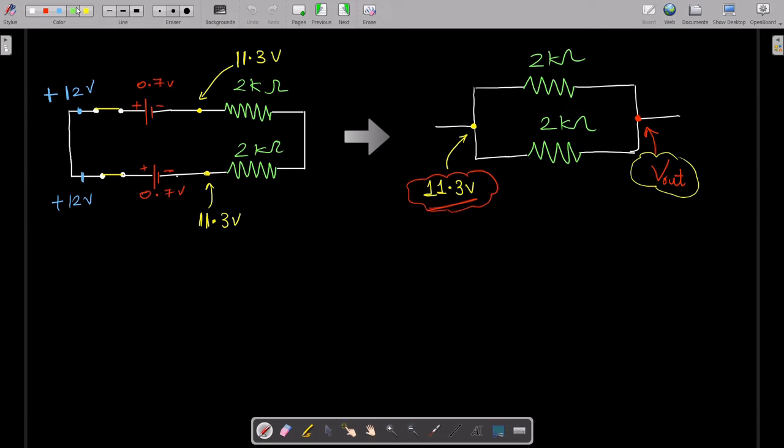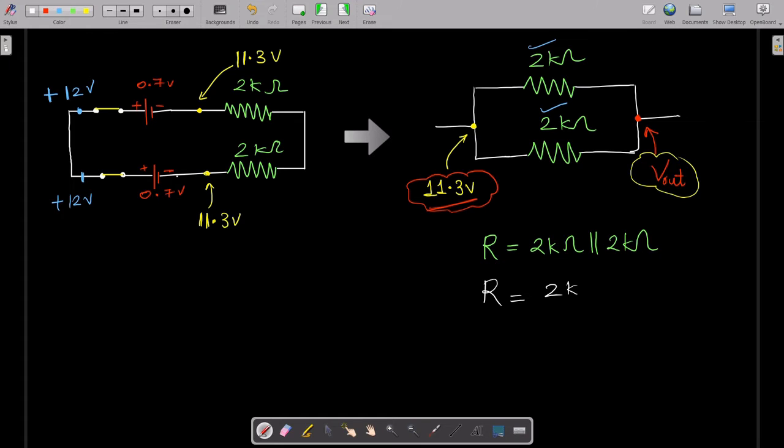Let me take the equivalent resistance R. Since they are both in parallel, it is 2 kilo ohm parallel to 2 kilo ohm, correct? If you remember, in my course 1 I told you that if two resistors have the same magnitude, you should multiply by half, or divide by 2.